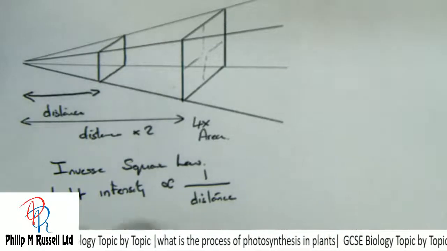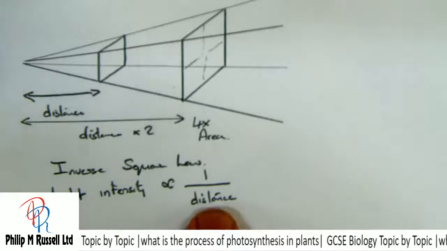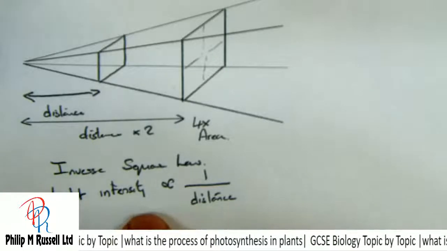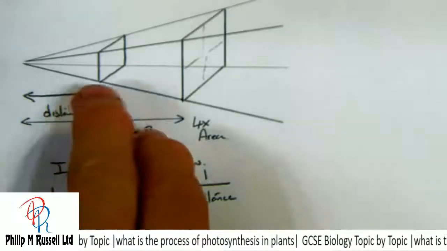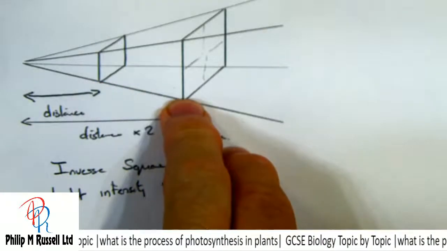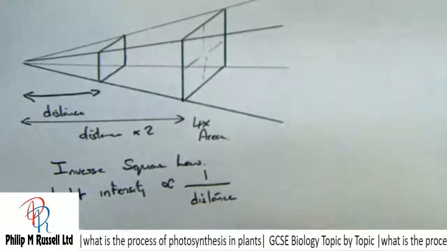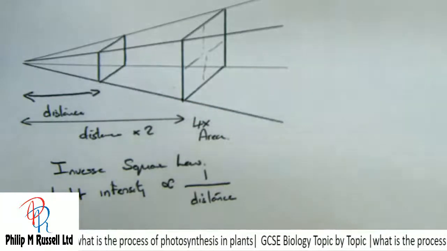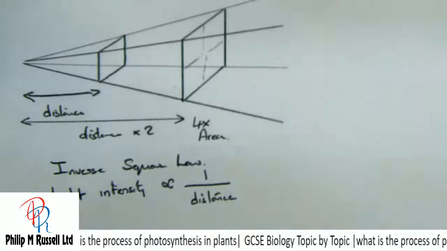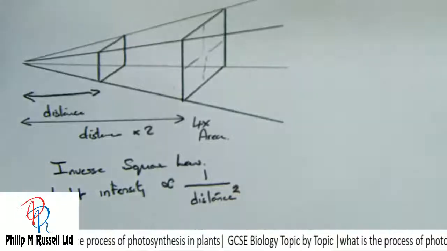Now, what does this mean? So this means if you double the distance between the light and the plant, going from there to there, then the light intensity falls by 1/4, because this distance here is squared.